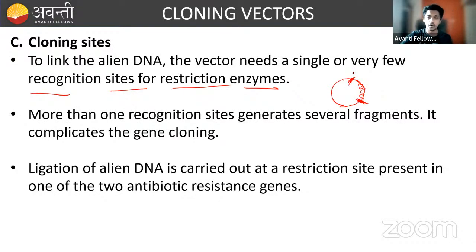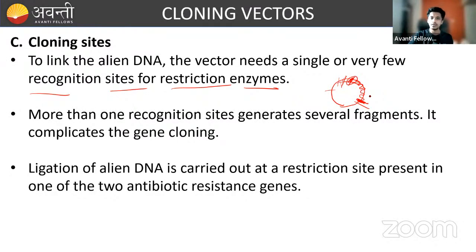Now if I do not have a recognition sequence anywhere near my selectable marker, it will become a very difficult task. Why? I will have to look for another restriction enzyme which is nearest to my selectable marker. So these regions which allow us to use the restriction enzymes and create this site for insertion of our alien DNA are called cloning sites.